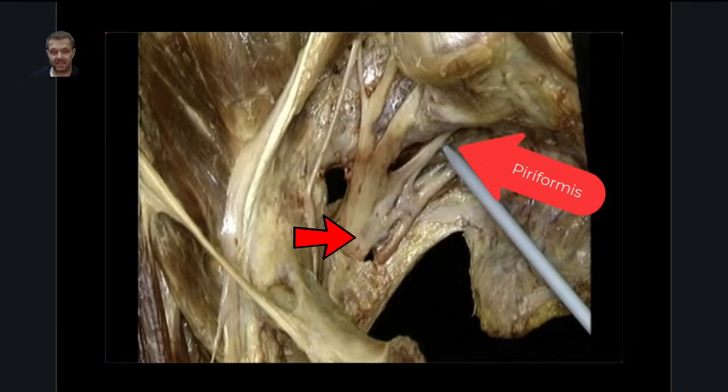When the sciatic nerve emerges as one, it's probably about the thickness of your thumb. It's a pretty chunky nerve. There's the piriformis tucked behind it there, which everybody always bangs on about.